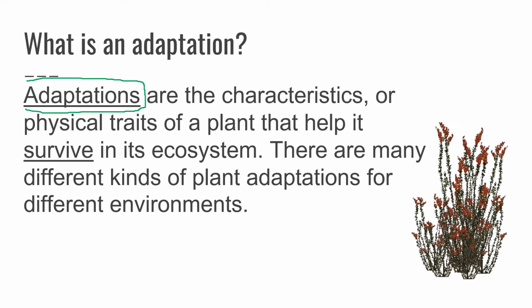Adaptations are the characteristics or physical traits of a plant, in this case, that help it survive in its ecosystem. There are many different kinds of plant adaptations for different environments. If you remember back in this last unit, the organisms and environment, I think, we talked about different adaptations for animals. For example, camels have adapted with their hump.